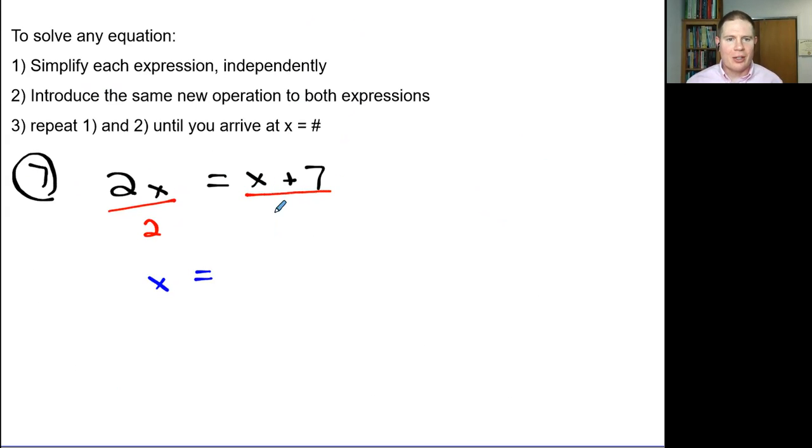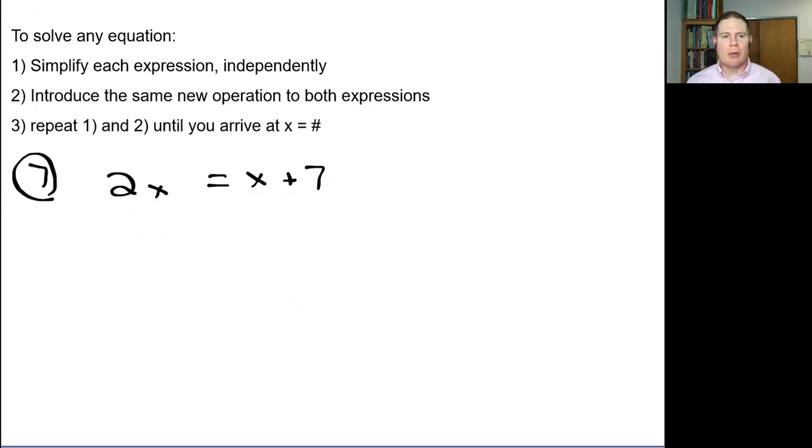But this other side is going to give me a really ugly fraction. It's not even that I'm getting a fraction. I'm not getting x equals 7/2. I'm getting x is equal to that same value of x plus 7, then divided by 2. That is not a pretty picture. That does not give me a value for x. That's a dead end. I'm making things worse instead of making them better, right?